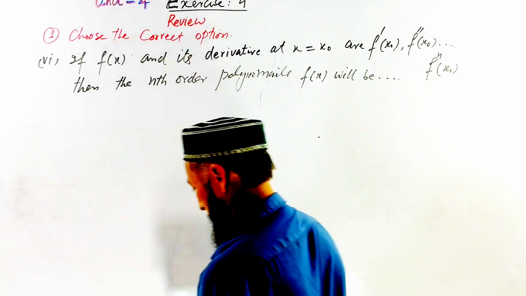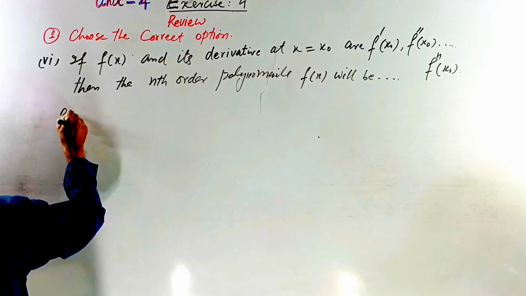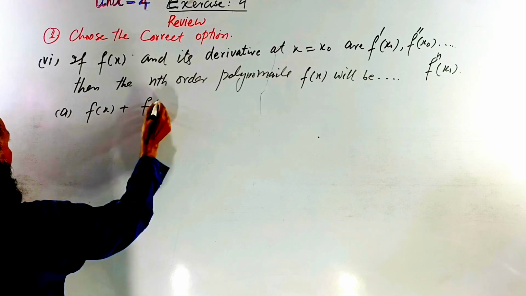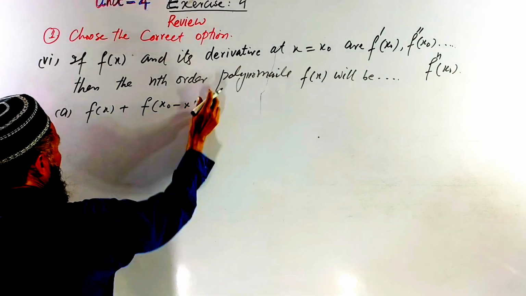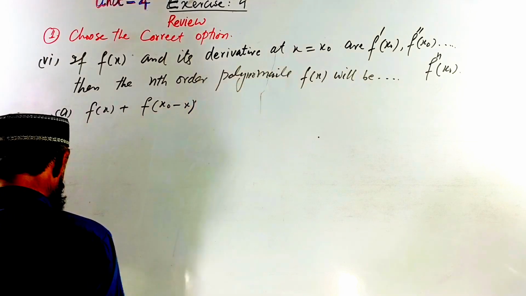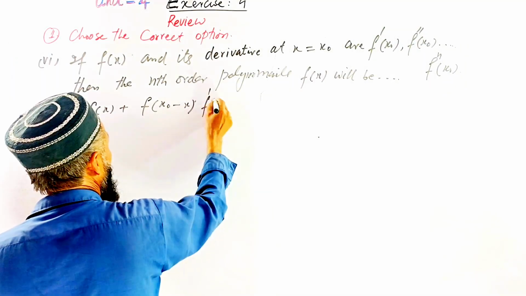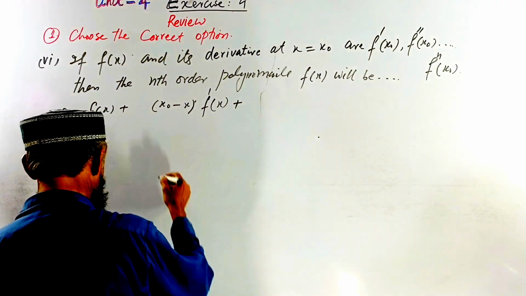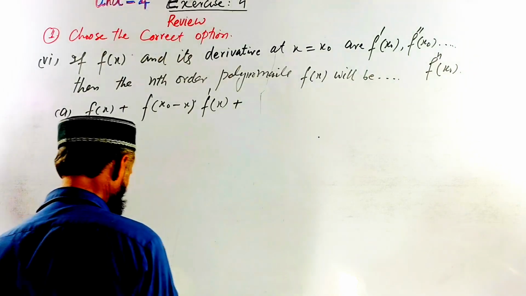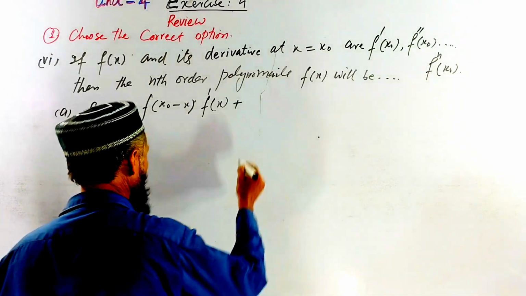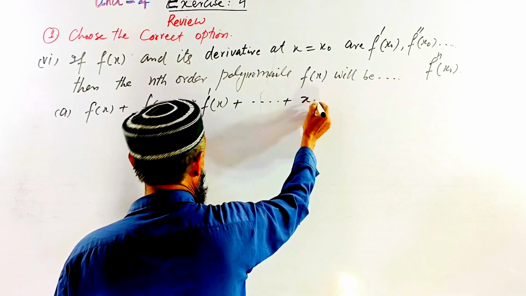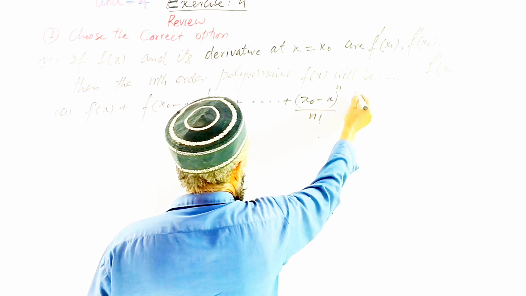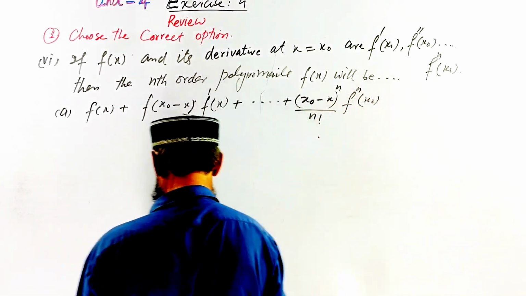Option A is f(x) plus f(x naught) minus x, f dash x, plus up to x naught minus x whole power n, n factorial, f n x naught.